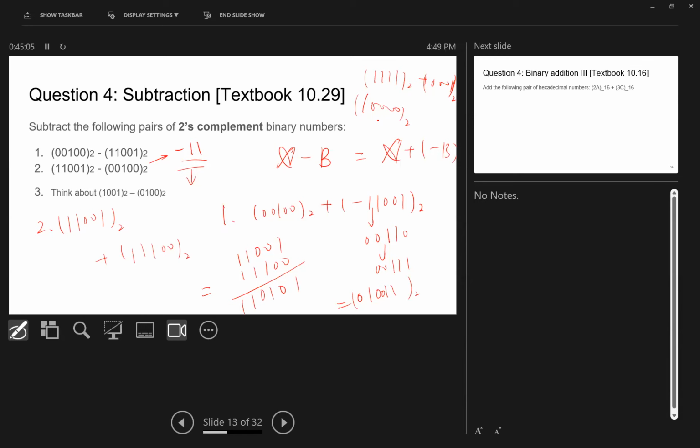And for this case, think about 1001 minus 0100. In this case, the result should be what? It's quite similar, right?